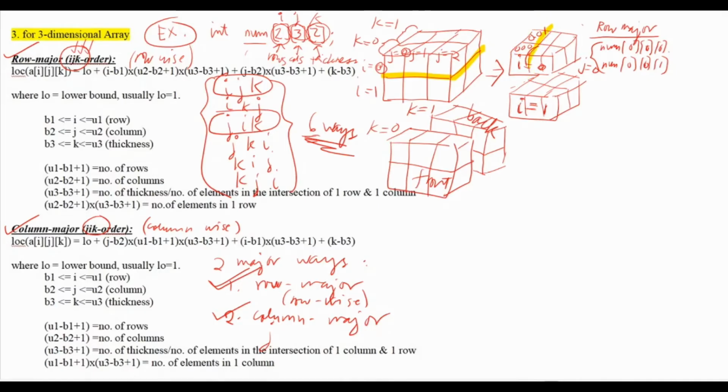After the first column, we move to the next column. So the next column now for the first row is the center. And then we list all the elements there, starting from k equal to 0 and then 1.